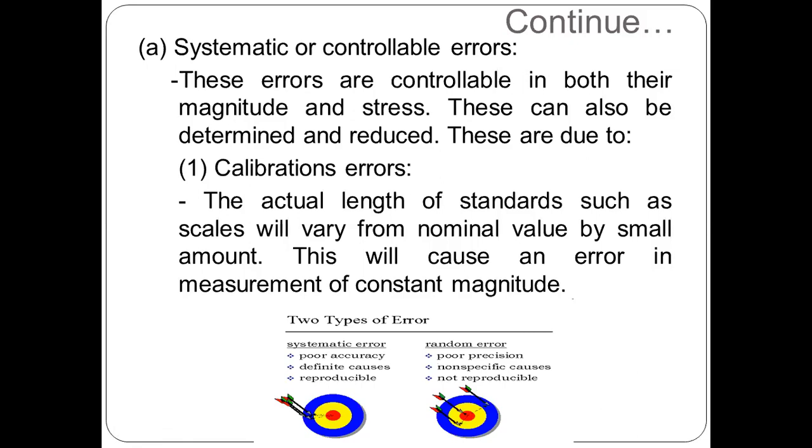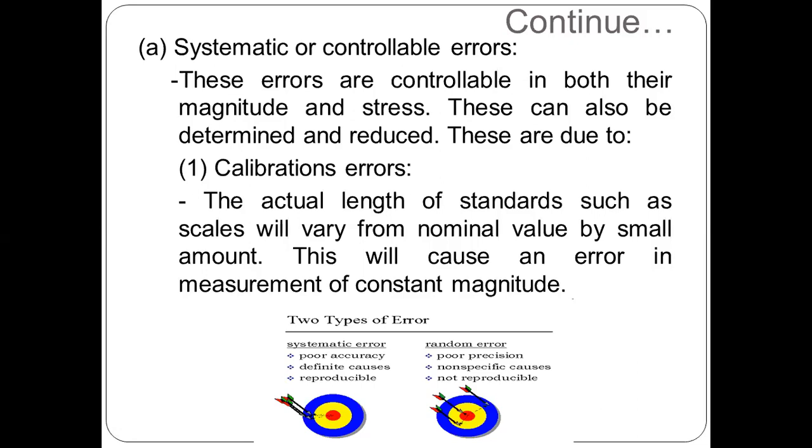These errors are controllable in both their magnitude and sense. They can be determined and reduced. We should understand that these errors are controllable in nature.